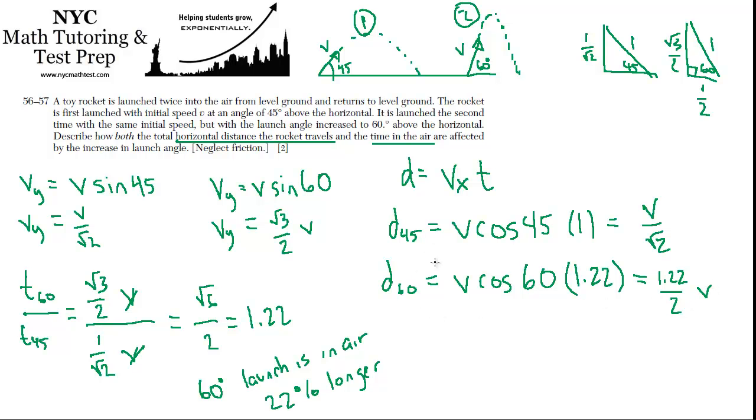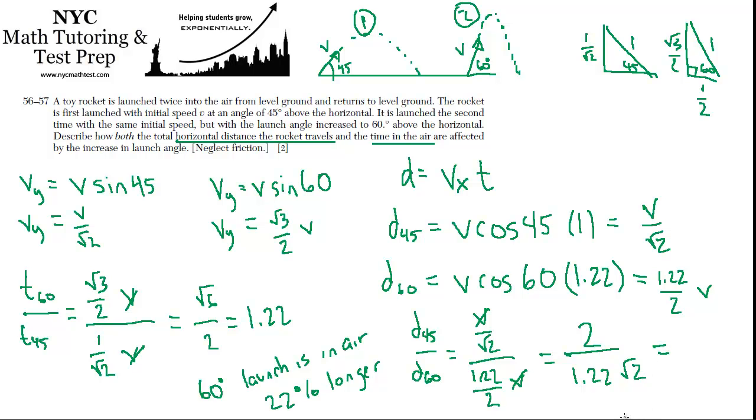And now the ratio of these two, we suspect that the 45 is going to go farther, right? That's our gut feeling. So let's make that the numerator. So d45 divided by d60 is V over root 2 divided by 1.22 over 2 times V. So the V's cancel, and we end up with 2 divided by 1.22 times root 2.